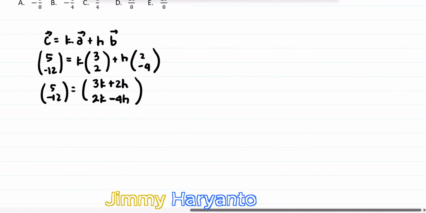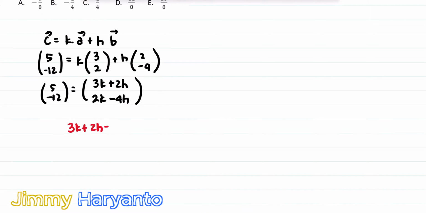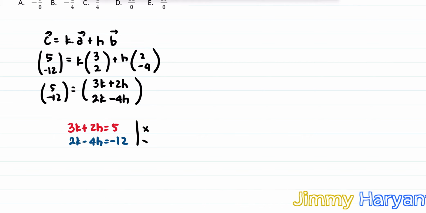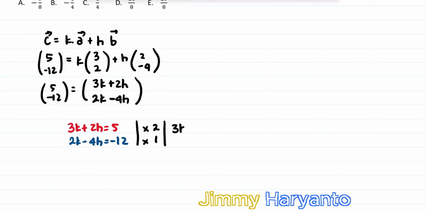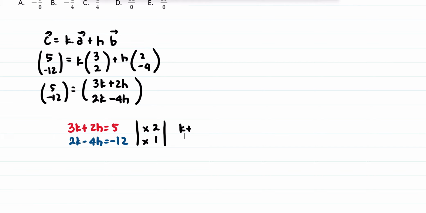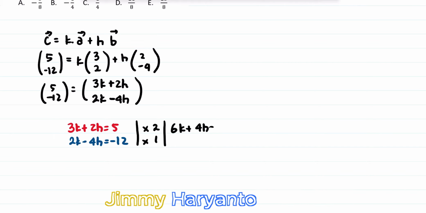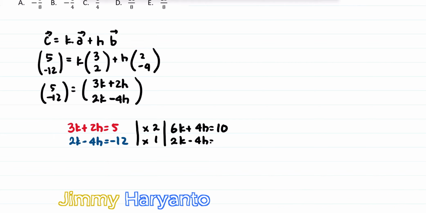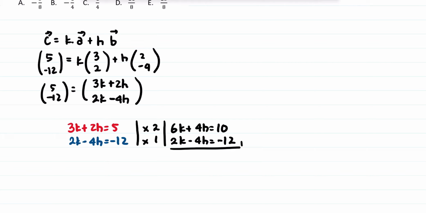Then let's take a look at each of the components. We have 3k plus 2h equals 5, and then we have 2k minus 4h equals negative 12, and then we have to do the elimination to find the value of k and h. This one is multiplied by 2, this one is 1, so 6k plus 4h equals 10, and then this one is 2k minus 4h equals negative 12, and then you only have to add them together.